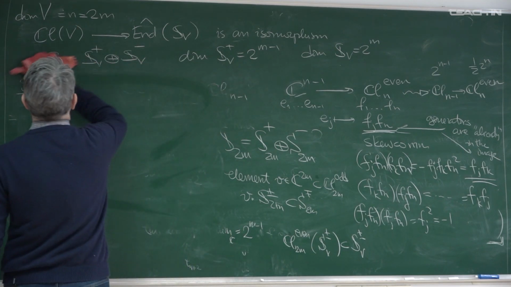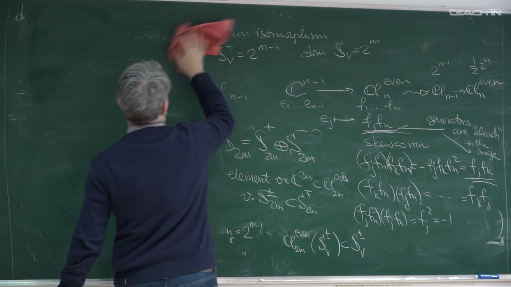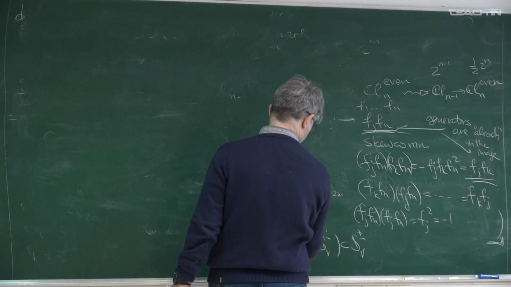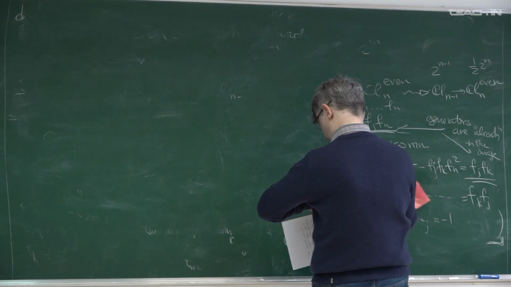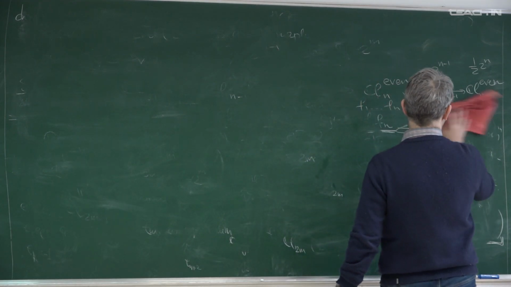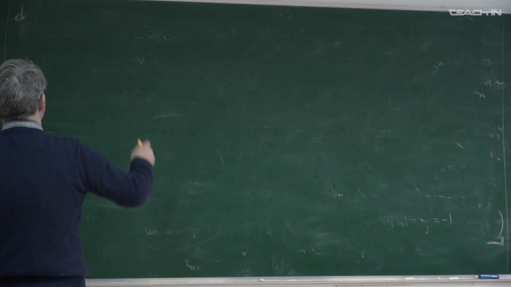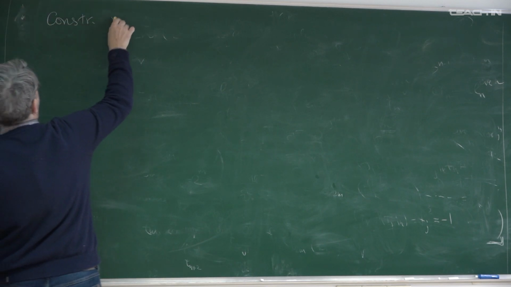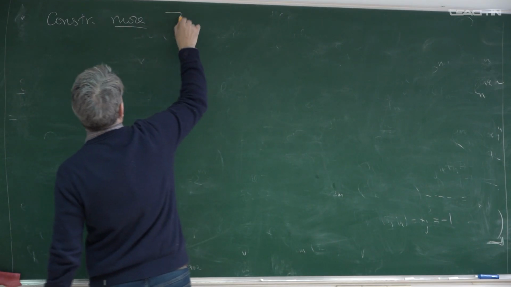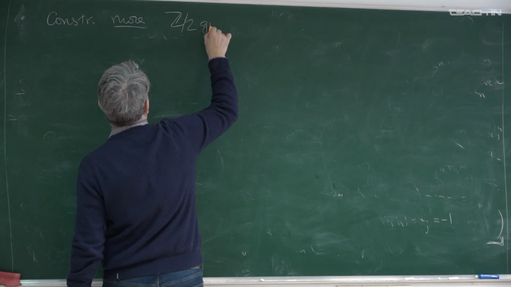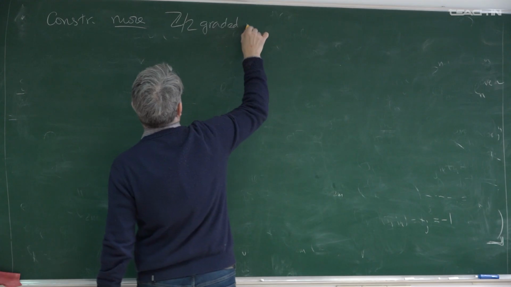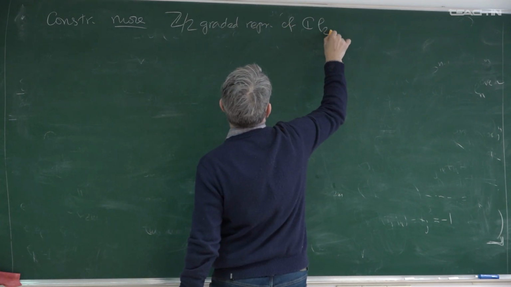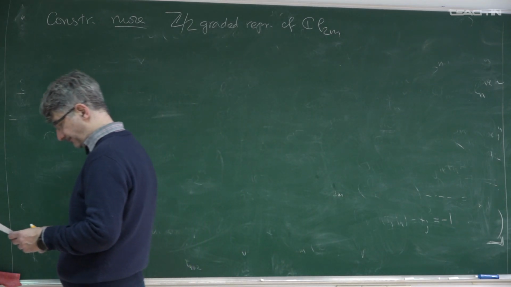So the next way to produce representations of the Clifford algebra is so-called twisting. What we want to do is construct more Z2 graded representations of the complex Clifford algebra.